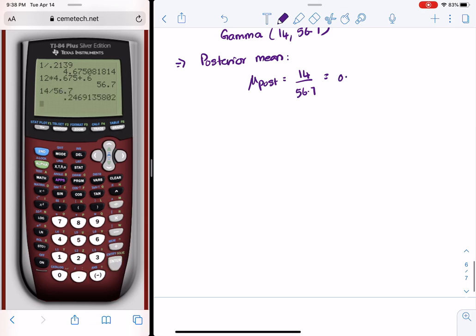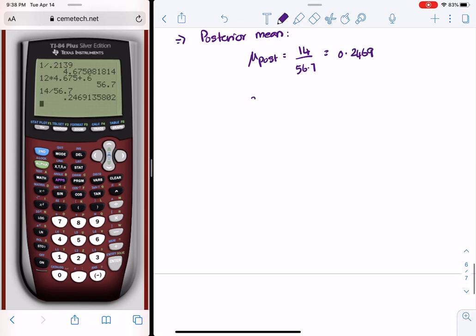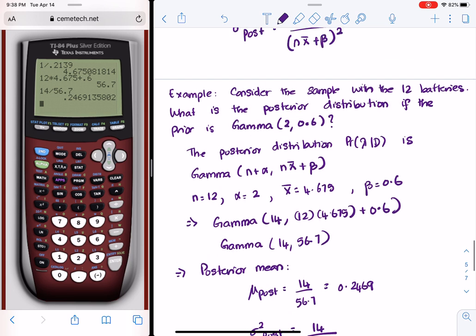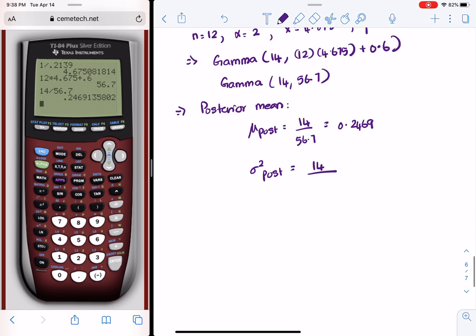We have 0.2469, and the variance is the same, which is n plus alpha divided by 56.7 squared.